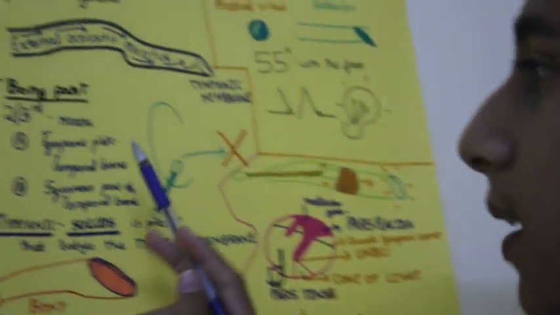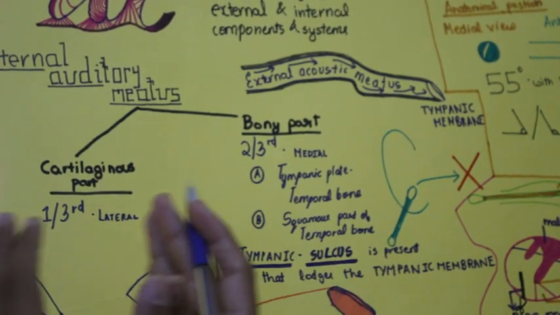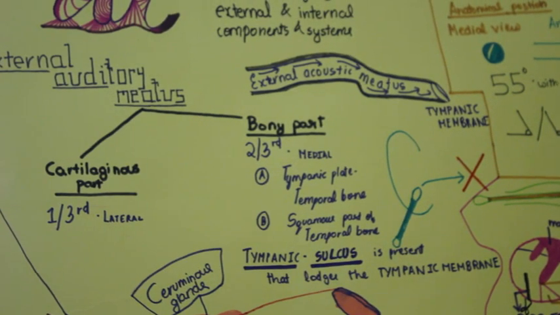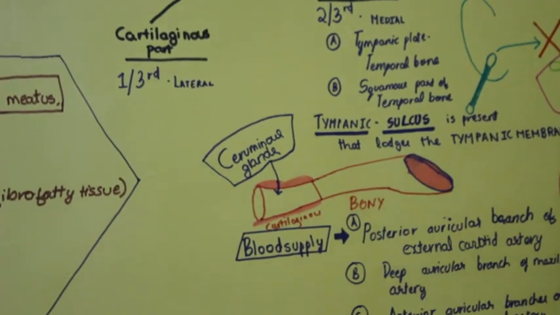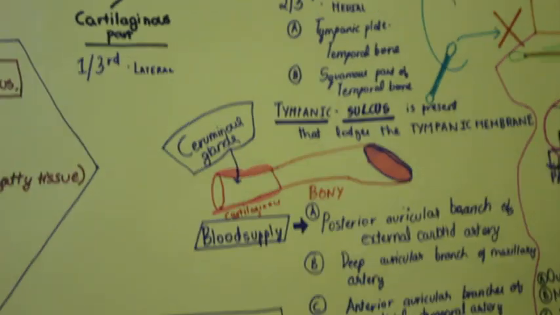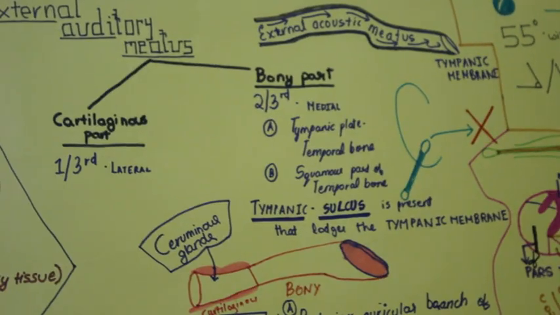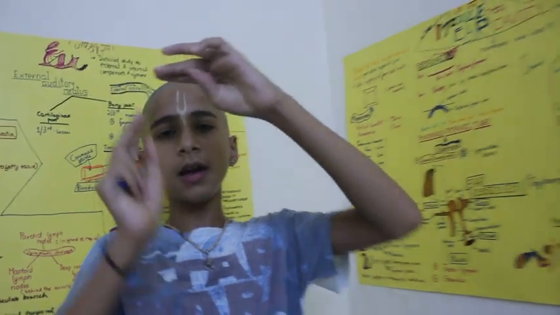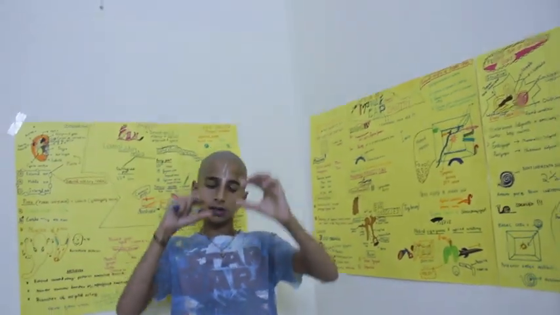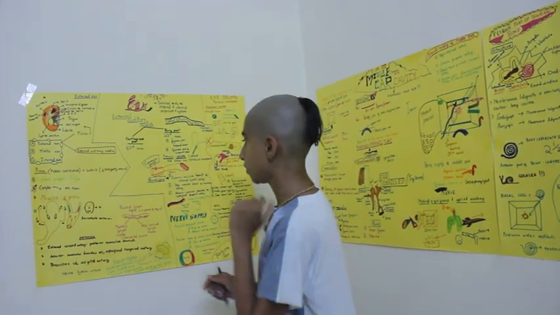And the next thing here is that the 1/3 lateral portion, meaning away from the body, is the cartilaginous portion, and the 2/3 that is medial, towards the body, is the bony portion. And the tympanic sulcus is present, and that lodges the tympanic membrane. So we have a small tympanic sulcus that holds the tympanic membrane. It's not completely covered by it, it's just holding it.